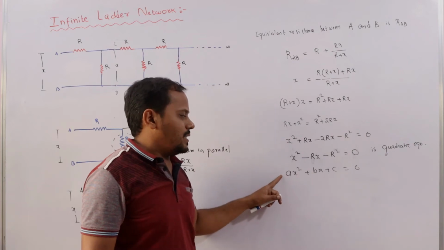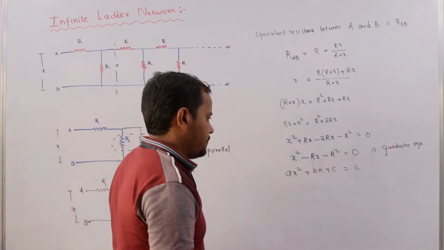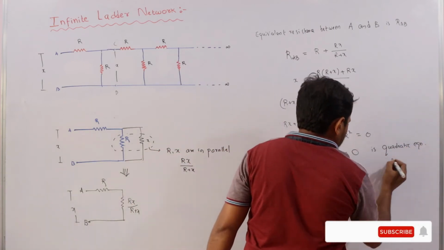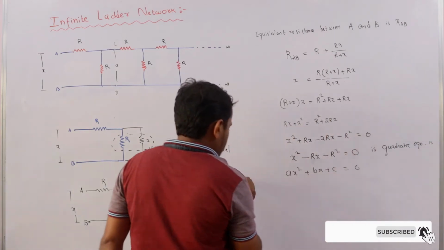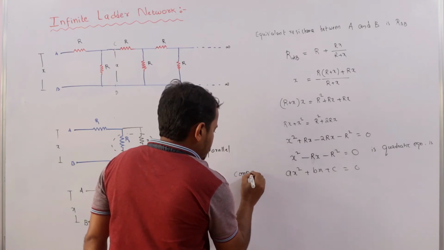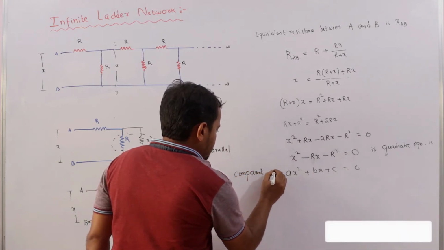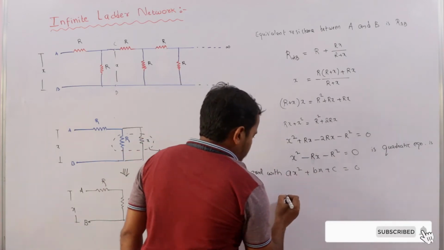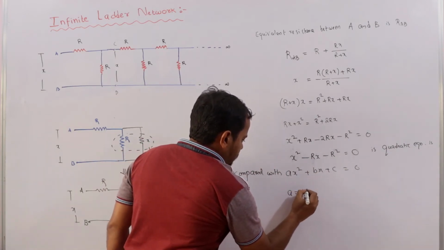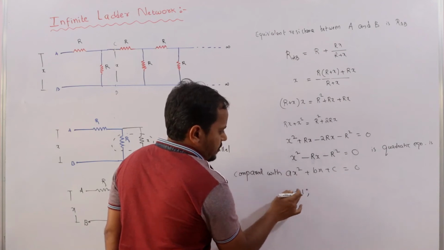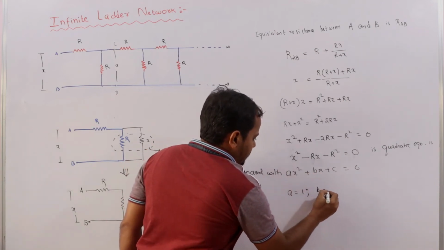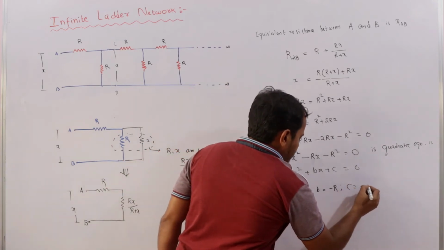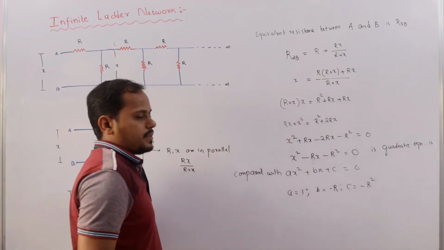Compared with Ax square plus Bx plus C, here the A value is equal to 1, B value is minus R and C is minus R square.